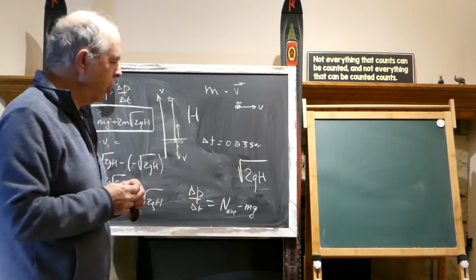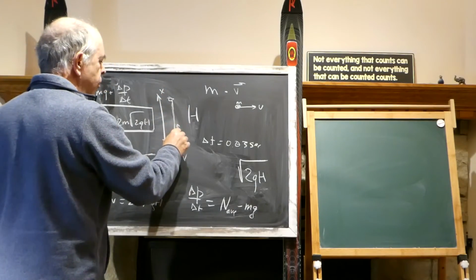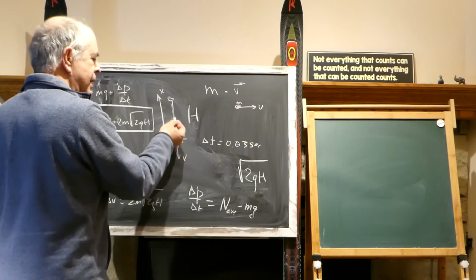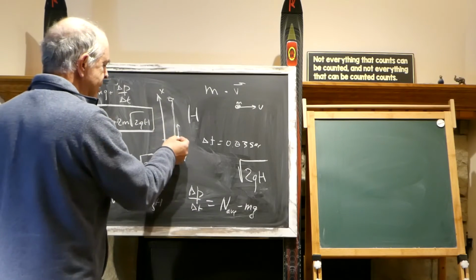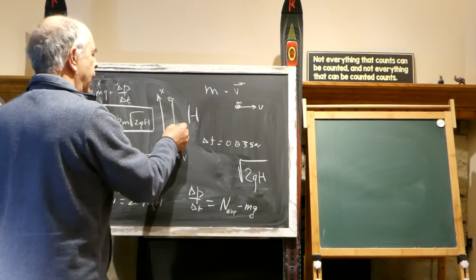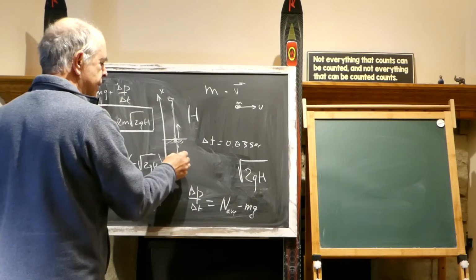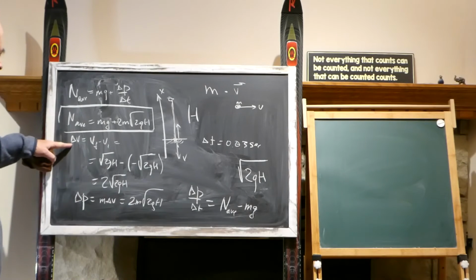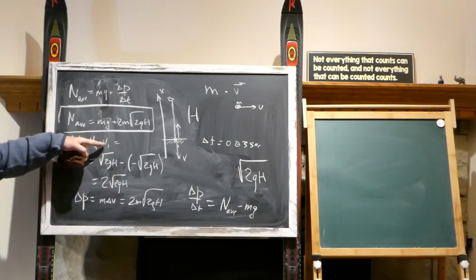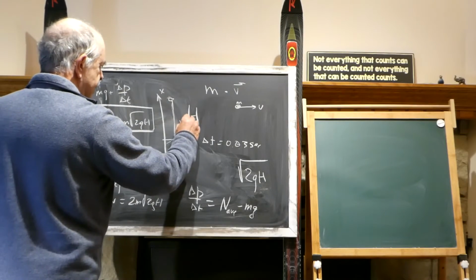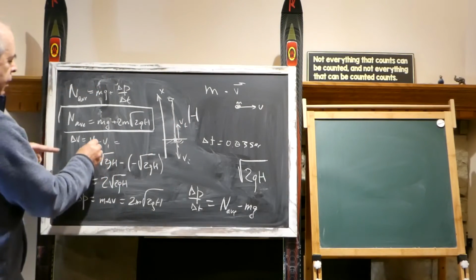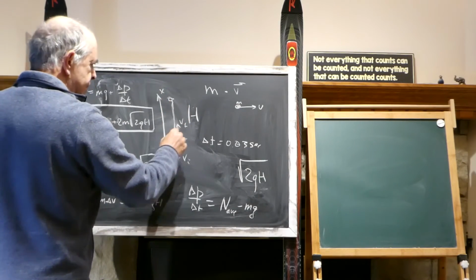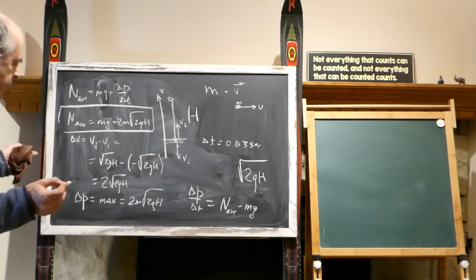So once again, what's going on? The body goes down, hits the surface, comes back because of elasticity, full ideal elasticity. It goes here, and the speed is exactly the same, and we can find delta v. It's v final minus v initial. v final, we know that it is square root of 2gh because we analyzed this, it's just kinematics.